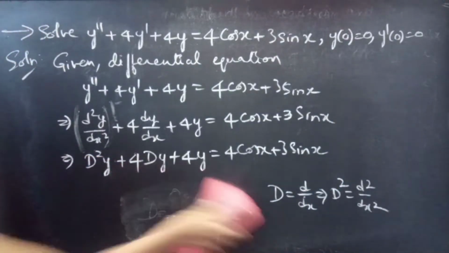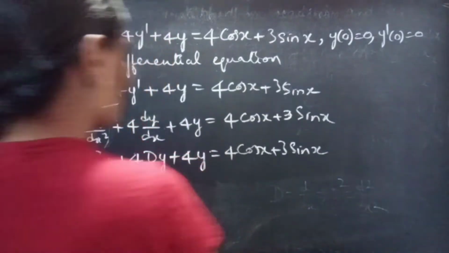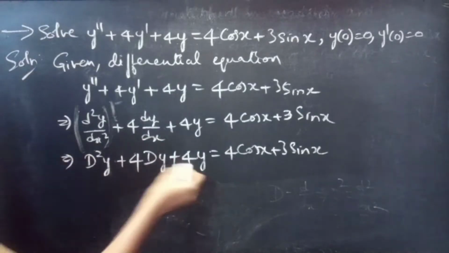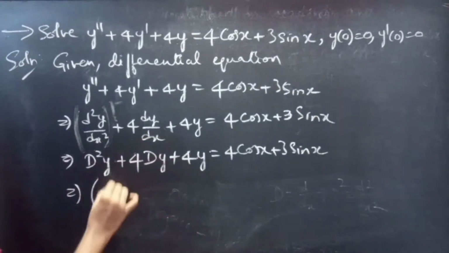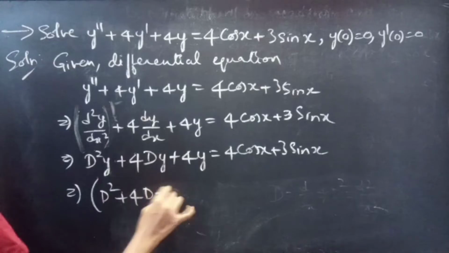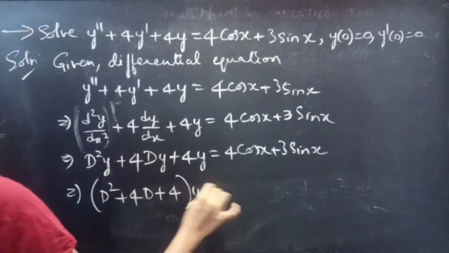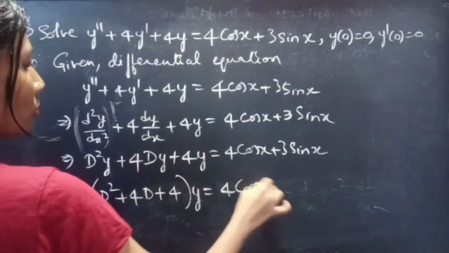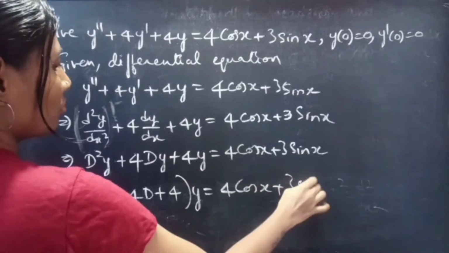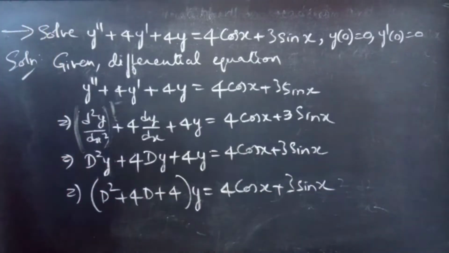Right? Now let's take y common from all the three terms of the LHS. We'll get (D² + 4D + 4) y = 4 cos x + 3 sin x. Right? Which is in operator form.